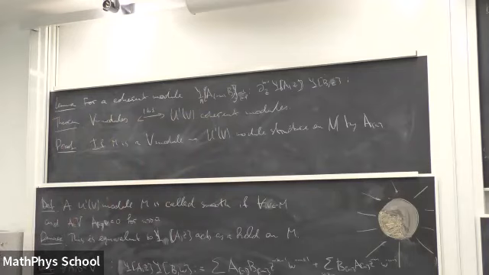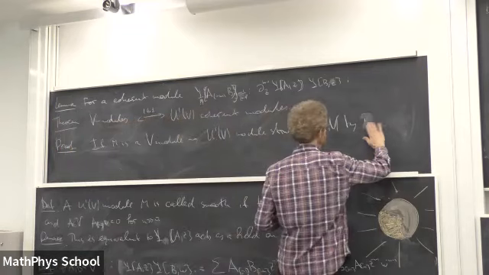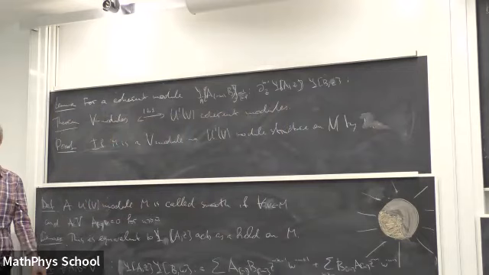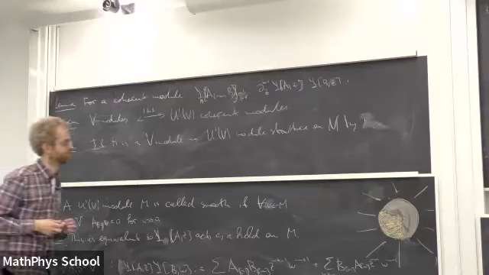So we have a module M. How do we produce the structure of a U prime of V module? Absolutely, yes.